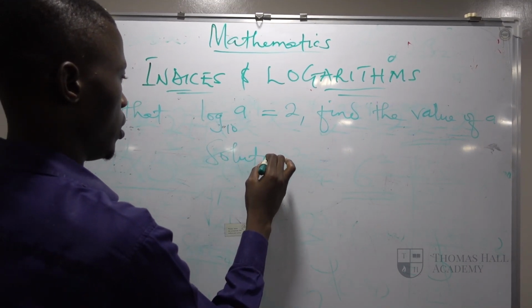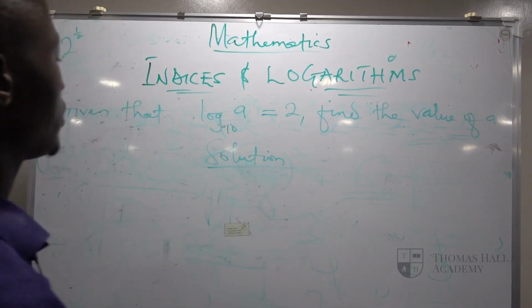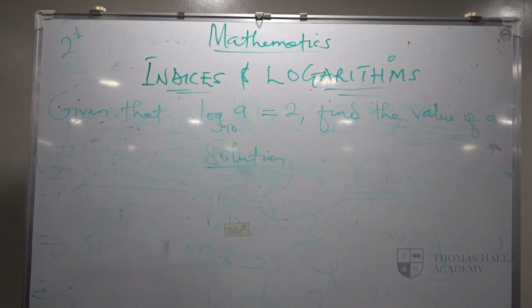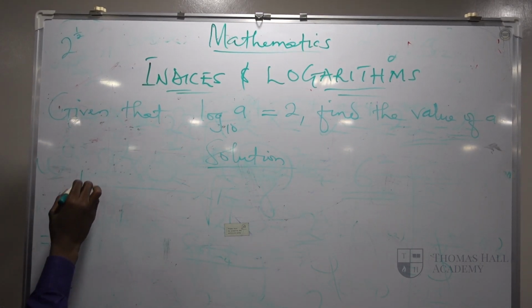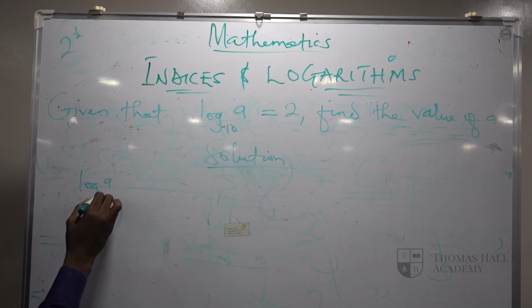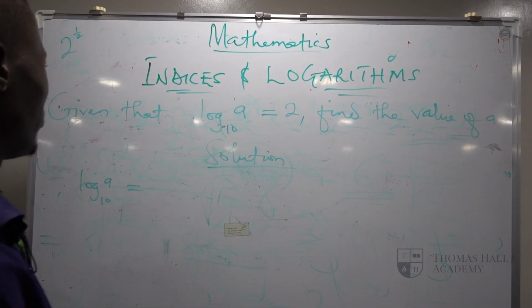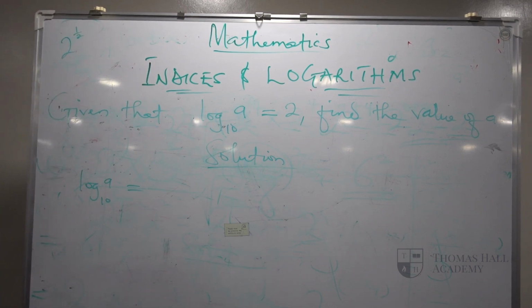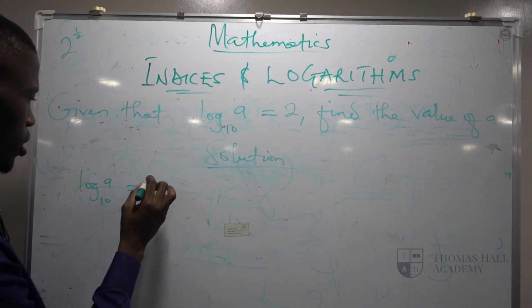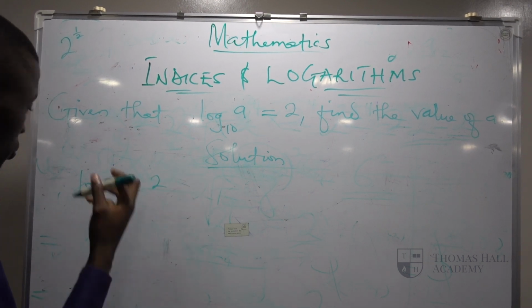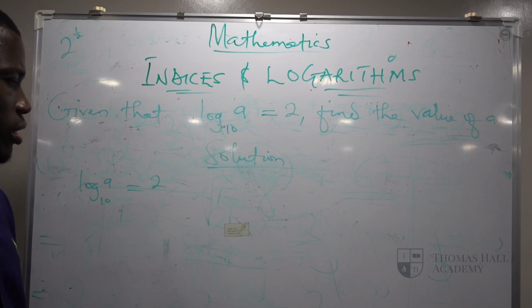Solution. How do we solve this? There's something we do here. Log a base 10 equals 2. Like I said, I don't need to feed you with so much information. Let me just give you the logic. What you do is this. Forget about the logarithm.